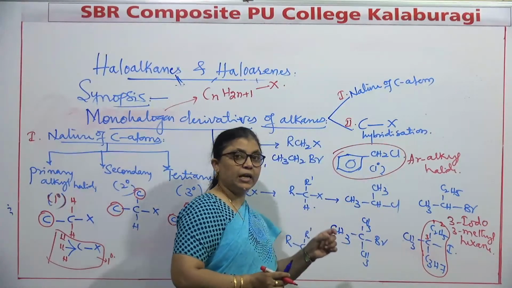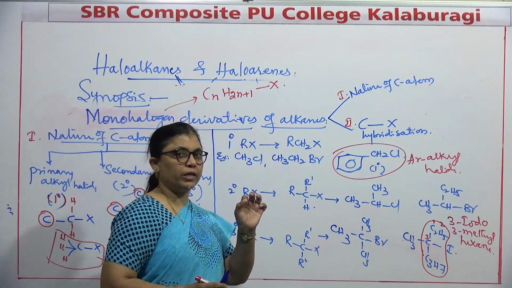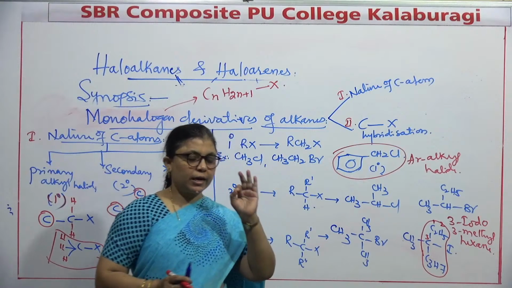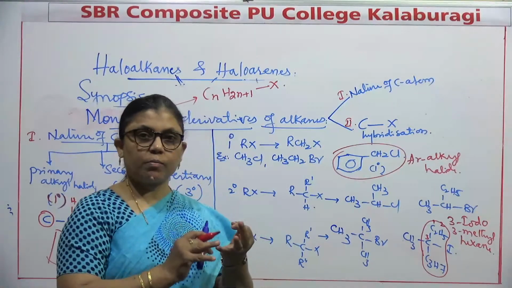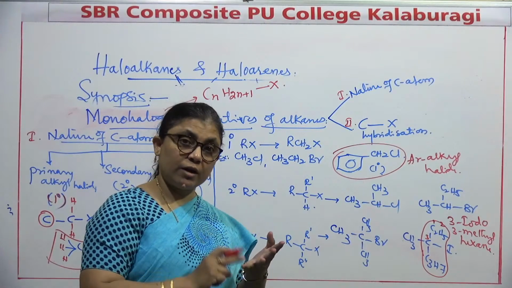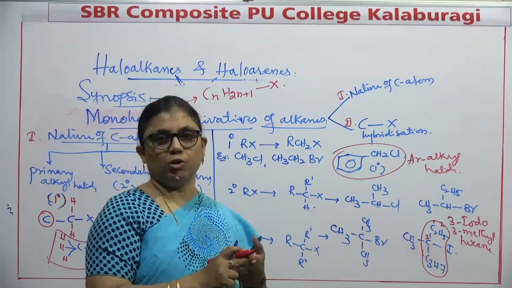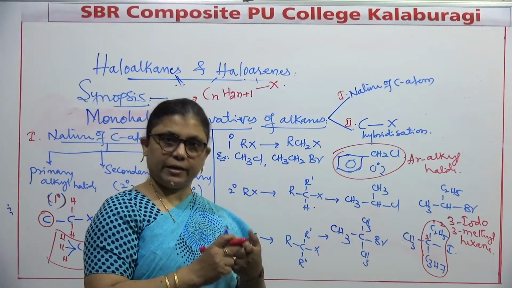Because whenever we are dealing with this, the children will get confused. I'll tell you one clue, one point over here, they'll get confusion over normal. Normal, it will be easy to understand a bit. Iso, when to call iso, when to call secondary, when to call tertiary, when to call neo alkyl halide, that I'll tell you.